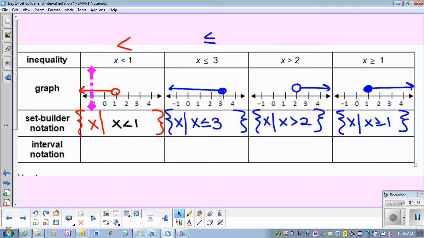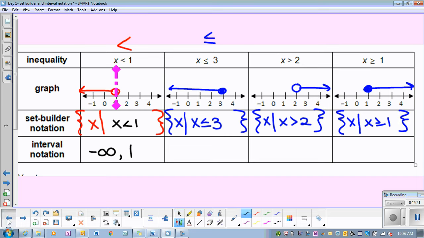So from negative infinity all the way to, where does it stop? 1. And what kind of circle is that one? Open or closed? Open. Is that included or not included? Open is not included.